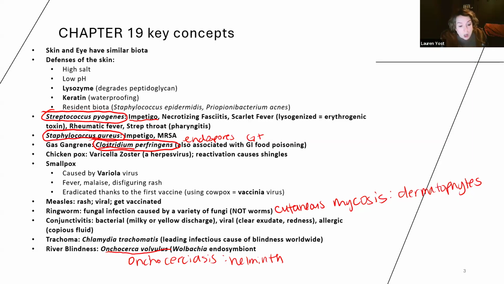The worms that are associated with this, the Onchocerca volvulus, are infected with a bacteria called Wolbachia. So Wolbachia is the bacteria, Onchocerca volvulus is the worm. The worm being infected with Wolbachia is what makes the worm able to cause disease. And we see this often in helminth infections.